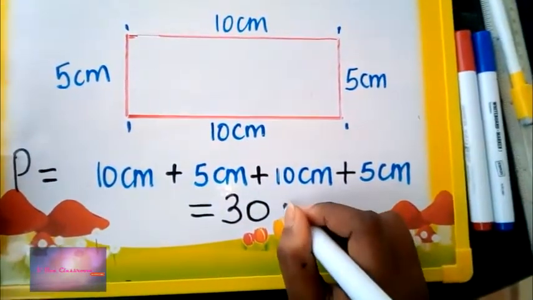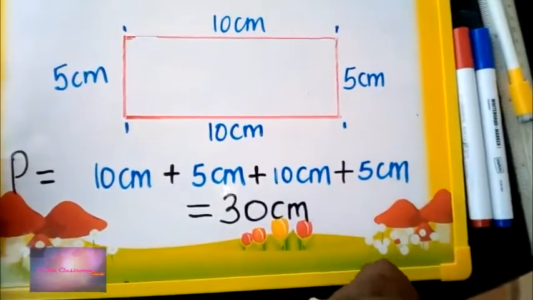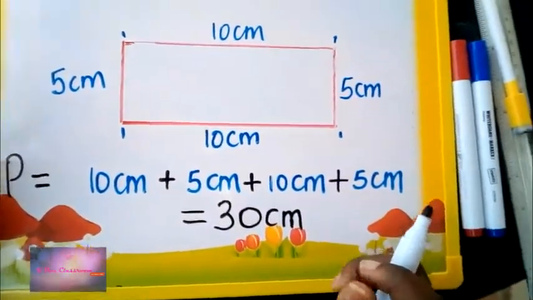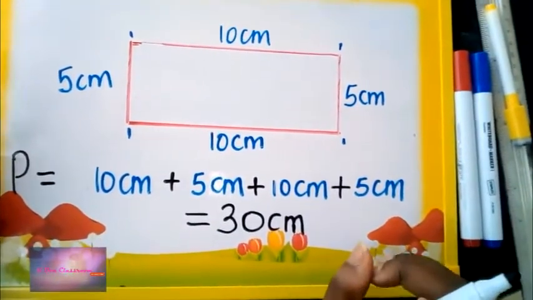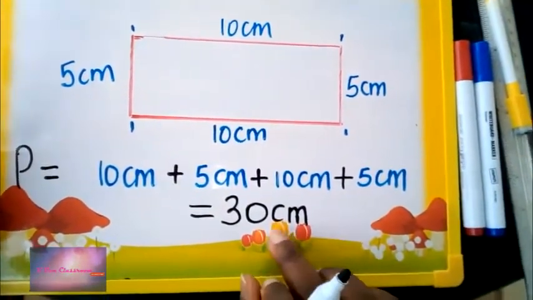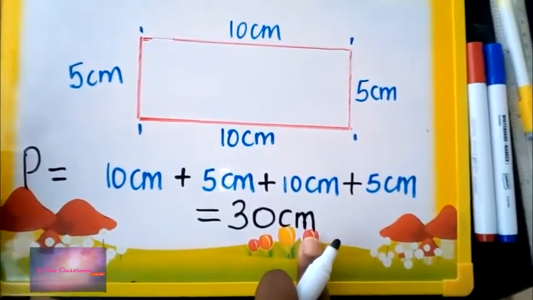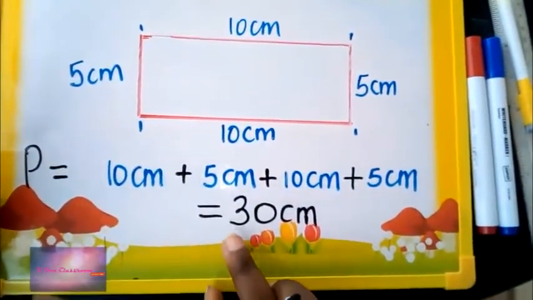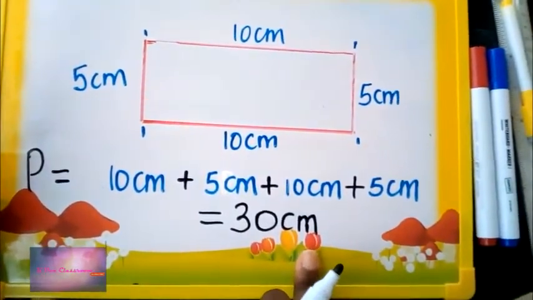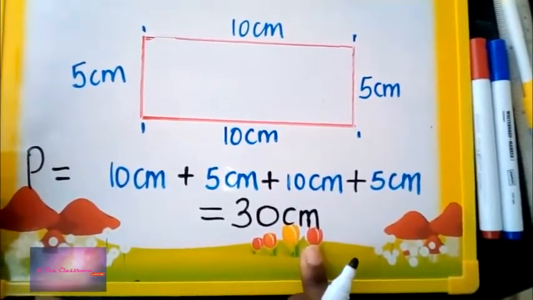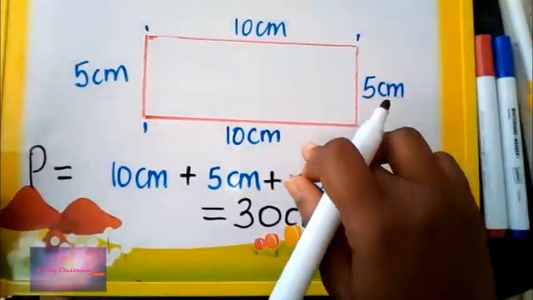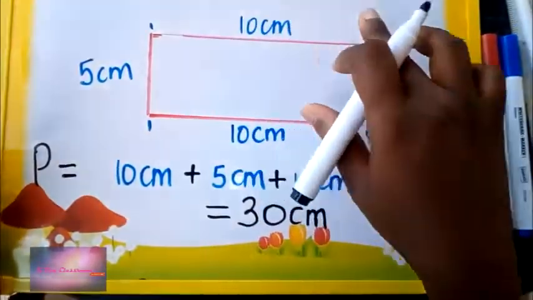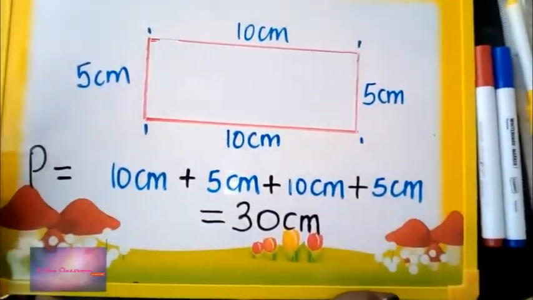Remember, you must write your units, and in this case we are not writing square because we are not finding area. All we're finding is the perimeter, so we only write our units. So the perimeter of this rectangle is 30 centimeters. Good. All we did was add all the sides. We found the total distance around this rectangle.